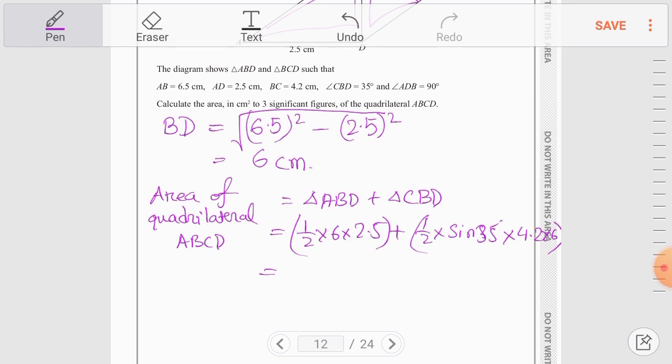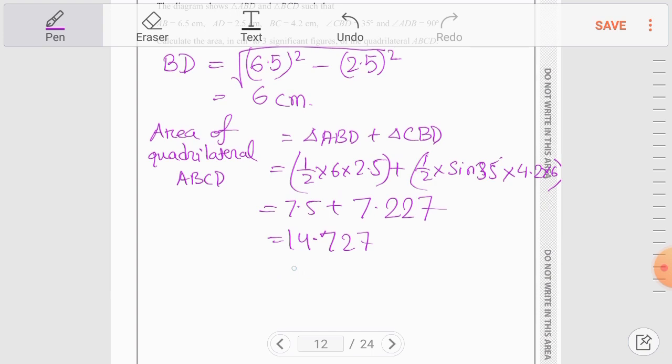So 0.5 into 6 into 2.5 is 7.5 plus 0.5 into sine 35 into 4.2 into 6 is 7.227, and if you add the things, 7.5 plus 7.227, you get 14.727.